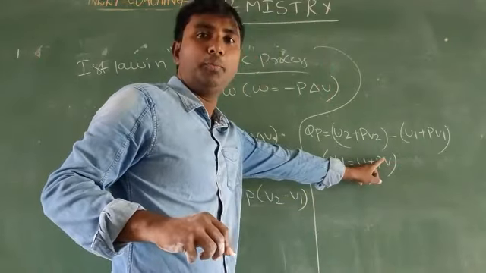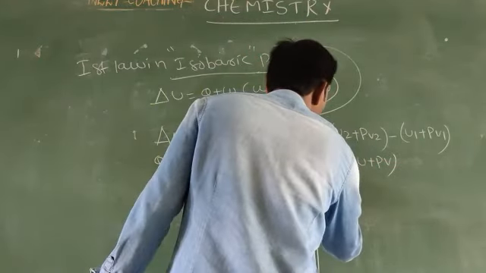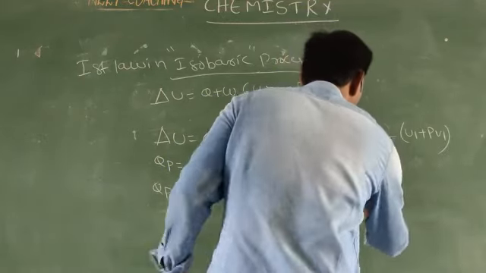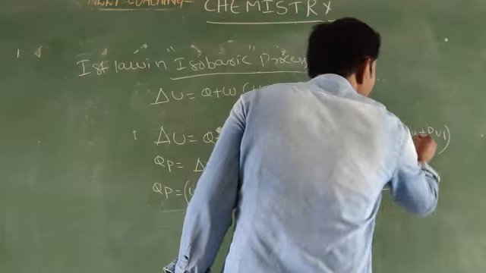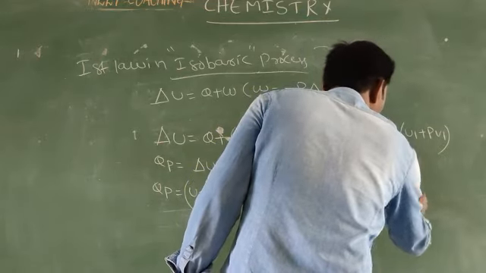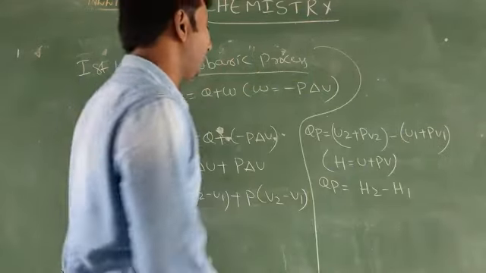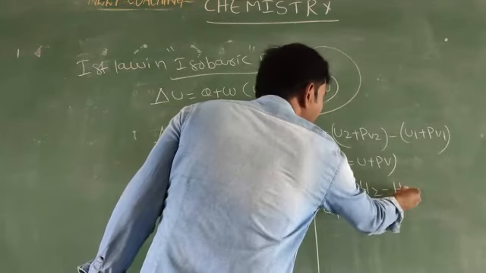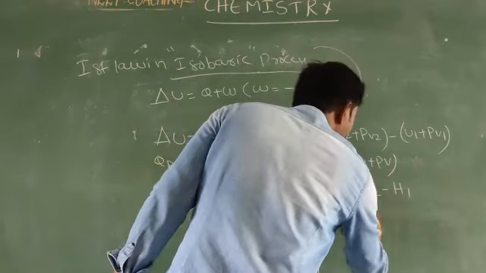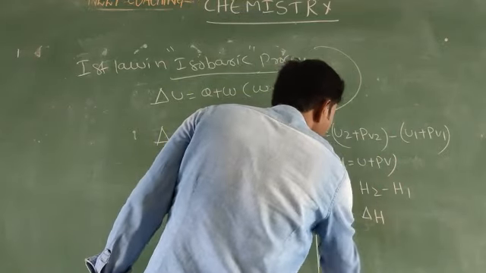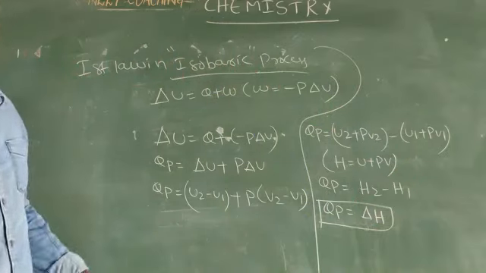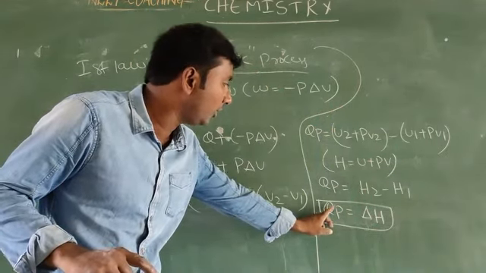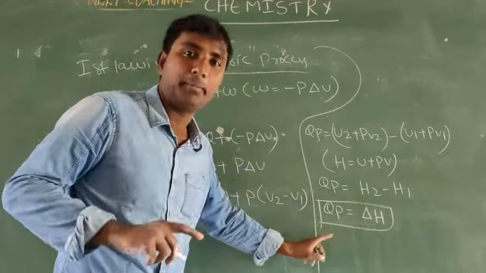We already know enthalpy equals U plus PV. That's why QP equals H2 minus H1. Finally, heat exchange at constant pressure equals H2 minus H1, which is the change in enthalpy, del H. So in an isobaric process, at constant pressure, heat equals change in enthalpy.